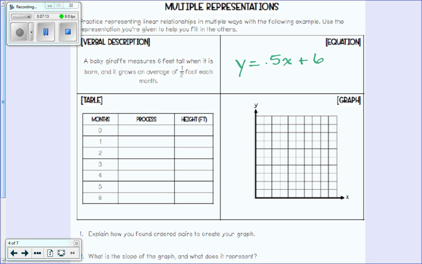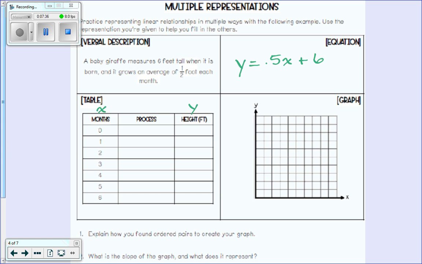So how can we create and fill in our table? We have months that represent our X, right? 1/2 foot each month, right? And then we get the height in feet for each month, our Y. So how could we determine at 0 months, what could our process be?